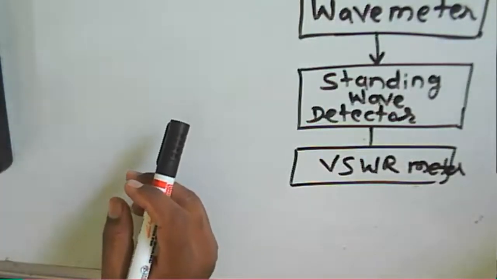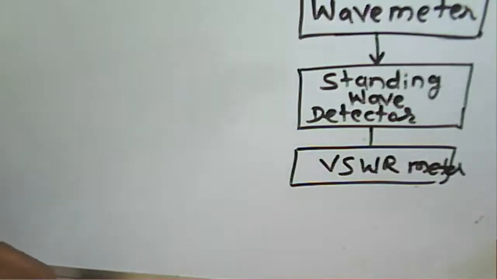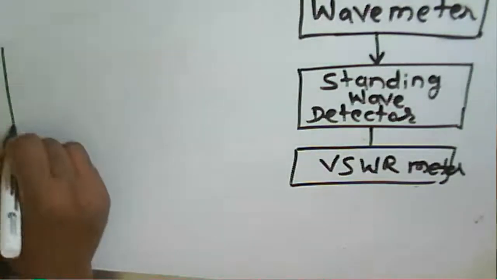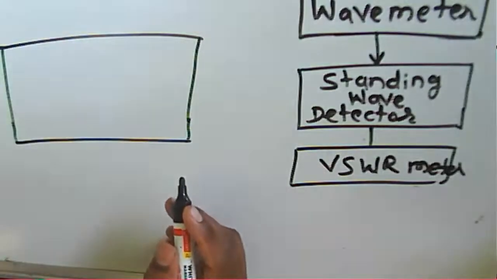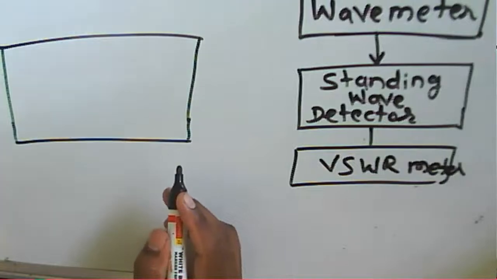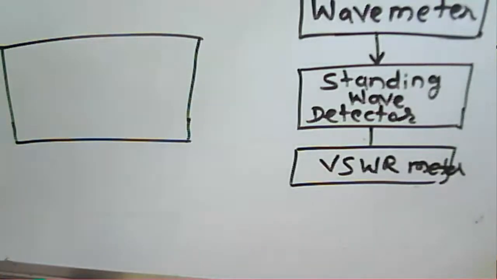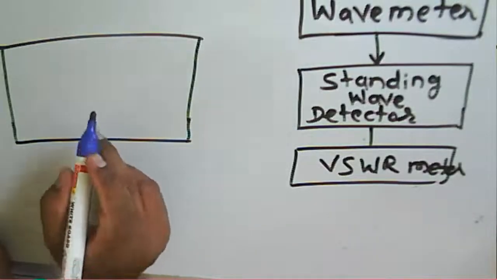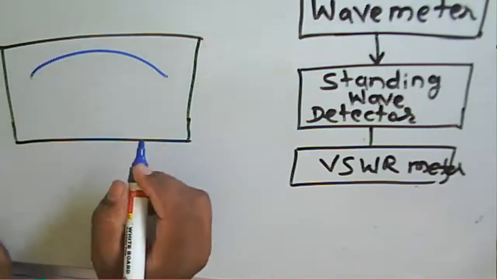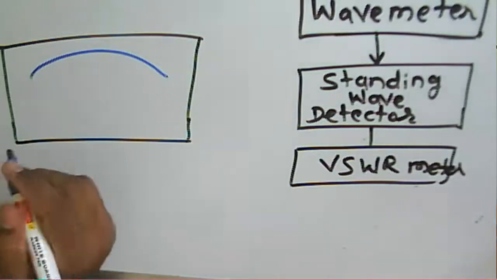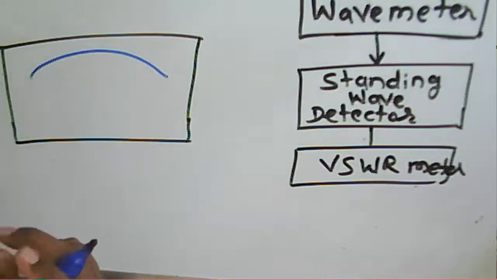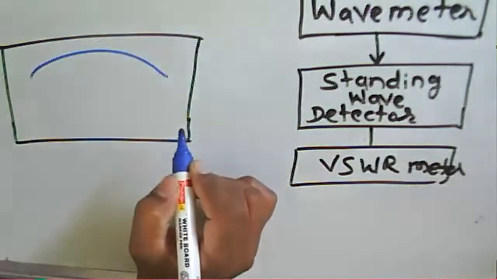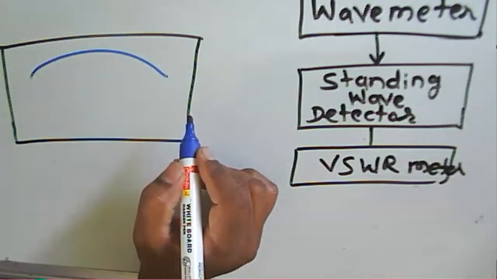The VSWR meter consists of an amplifier that is tuned at a 1 kilohertz signal. On a VSWR meter there are three different scales, and VSWR is measured from 1 to 3, along with dB.